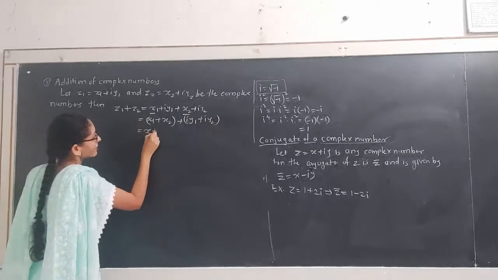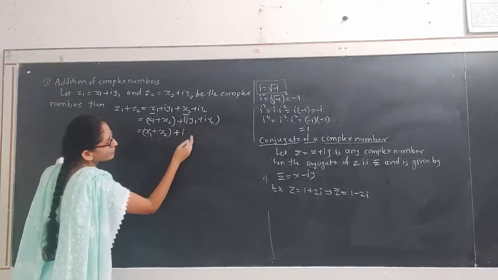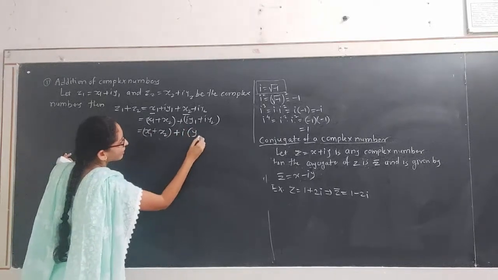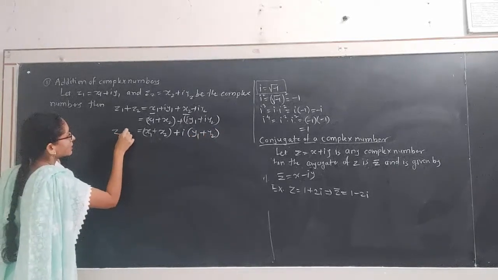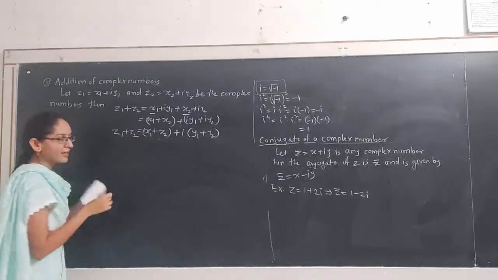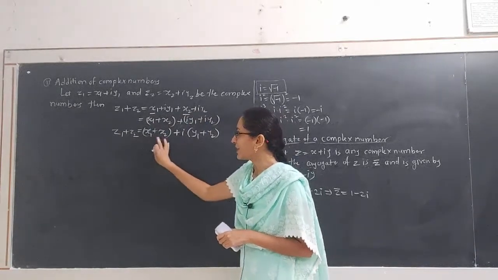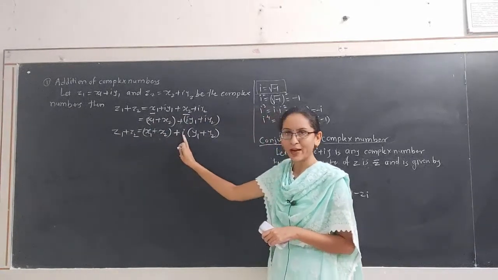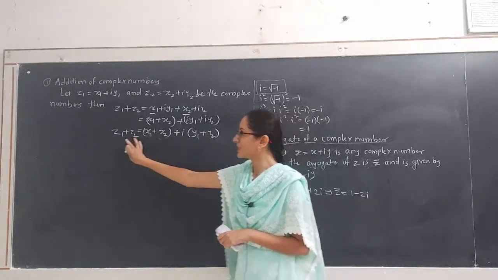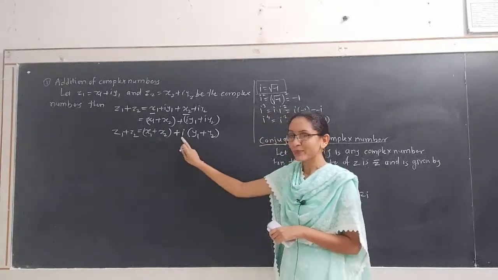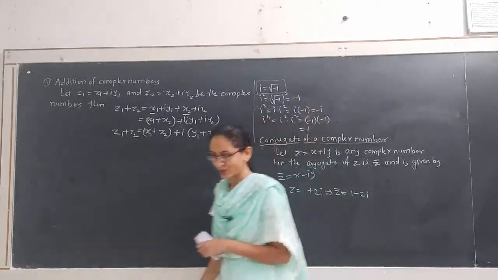This is equal to x1 plus x2 plus i, taking i common from the second bracket, times y1 plus y2. Hence, after addition we get the addition of the real parts plus i into the addition of the imaginary parts. This x1 plus x2 is the real part of z1 plus z2, and the multiple of i here, y1 plus y2, is the imaginary part of z1 plus z2.